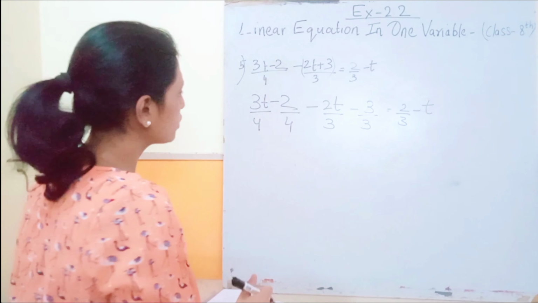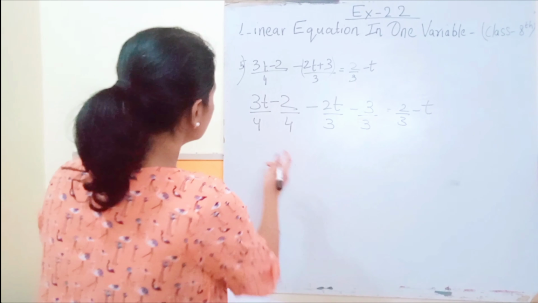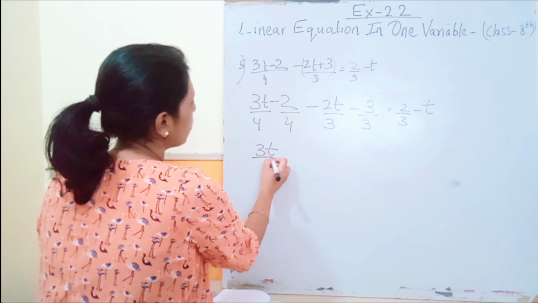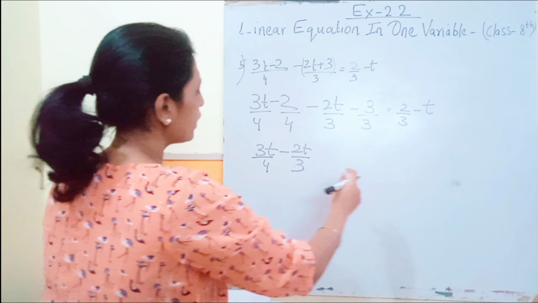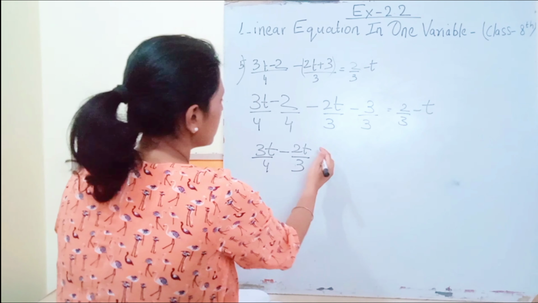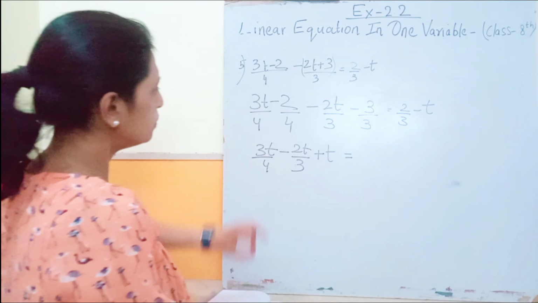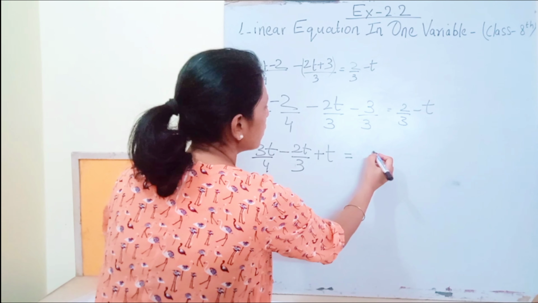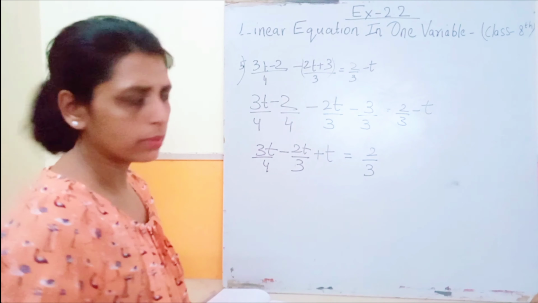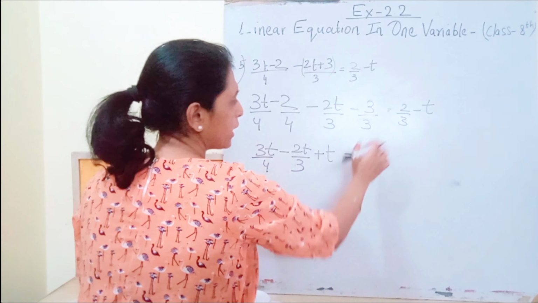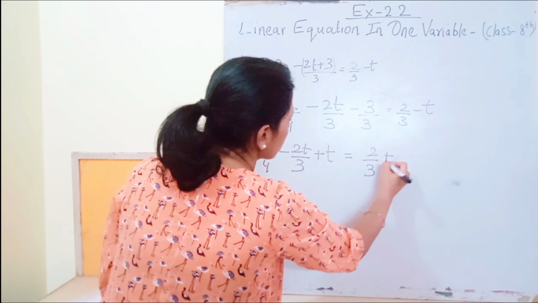Now what are we going to do? We are going to bring all the like terms together, so it will be 3t upon 4 minus 2t upon 3. And this minus t will come here and become plus t, is equal to, now we will bring 2 upon 3 minus 3 upon 3, which is 1, but I am not cancelling it because it will be easy for us to do the calculation here.